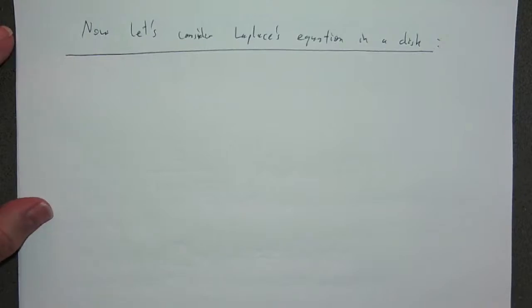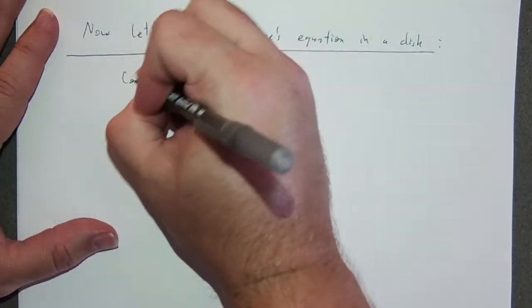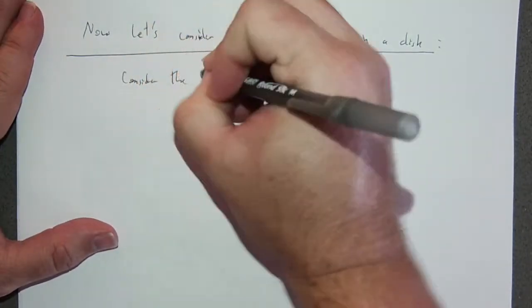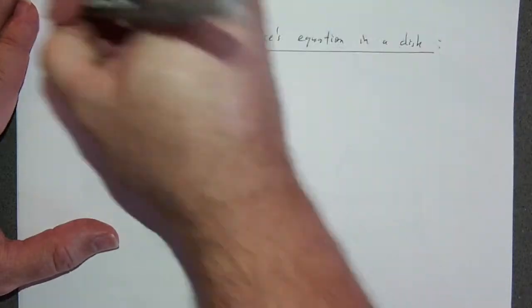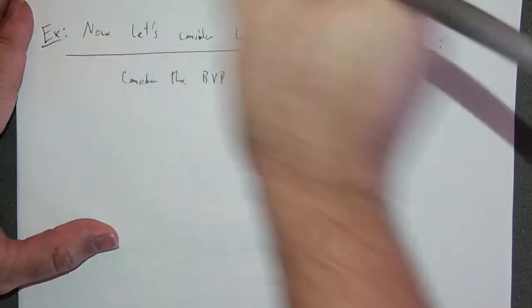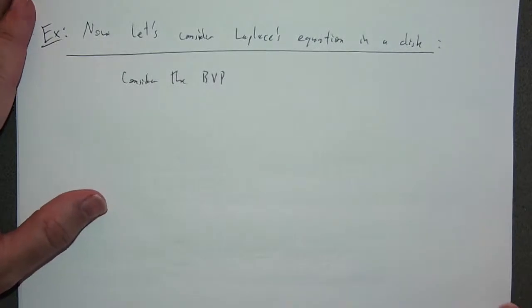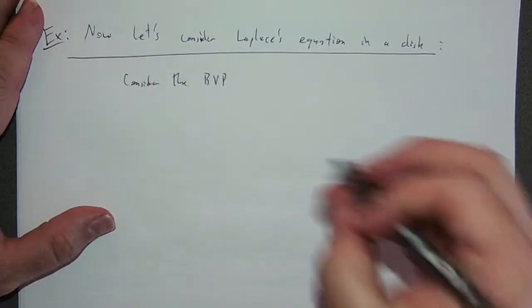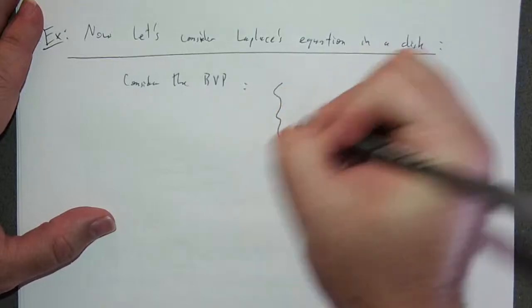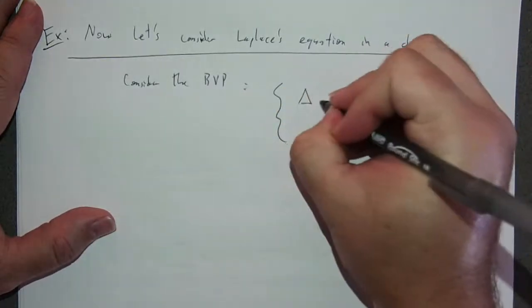So how do I state this? So consider the BVP, and you can call this the second example of Laplace's equation that we're going to do if you want. So consider the BVP that is given as follows.